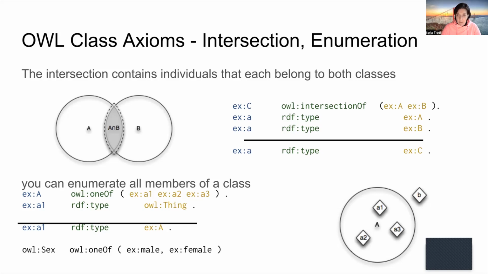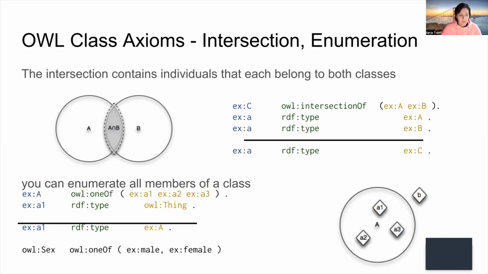An additional operation that we can do is to enumerate the members of a class. Saying members or individuals or instances is always the same thing. So the members are the instances of a given class. There might be cases where you want to declare in your ontology who are the individuals that belong to a certain class.